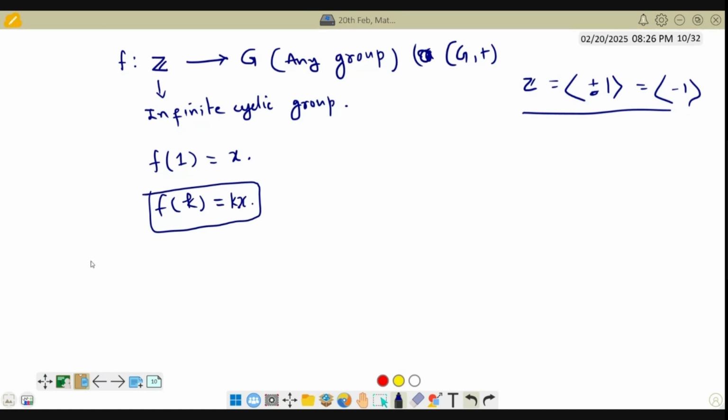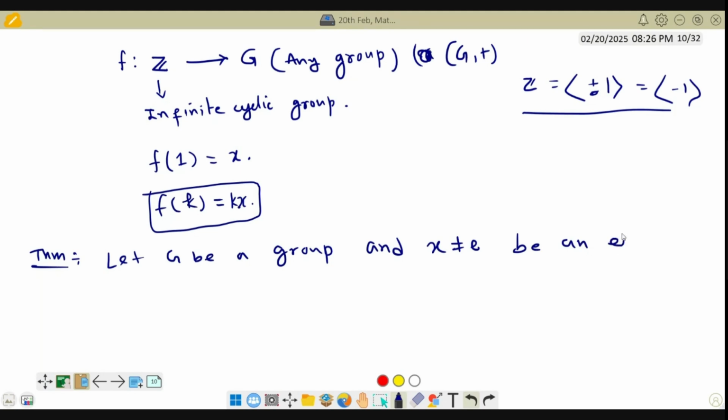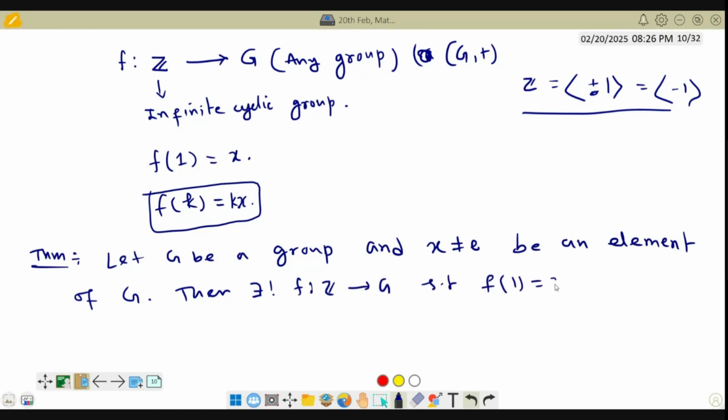So we have one theorem. Let G be a group and x not equal to e be an element of G. Then there exists a unique homomorphism f from Z to G such that f of 1 is x.